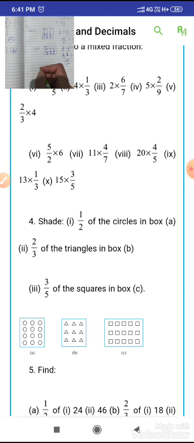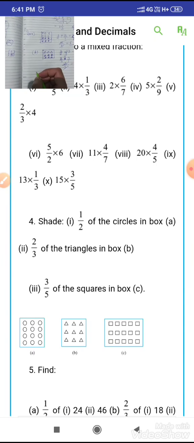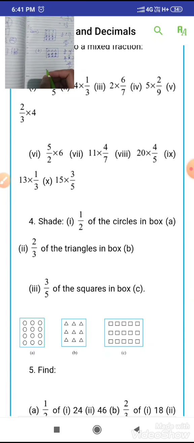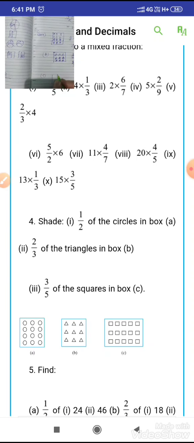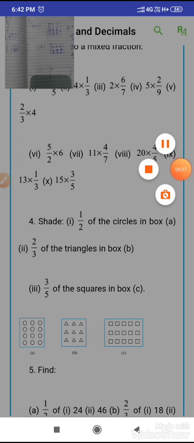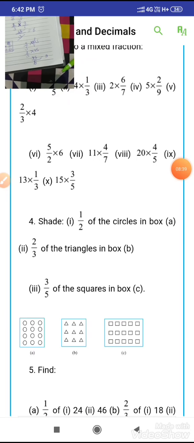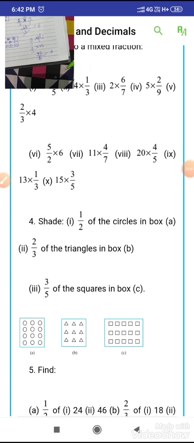In the third part we have to shade 3 upon 5th of the squares in the box C. Box C contains 15 squares, and we have to shade 3/5 of the squares.